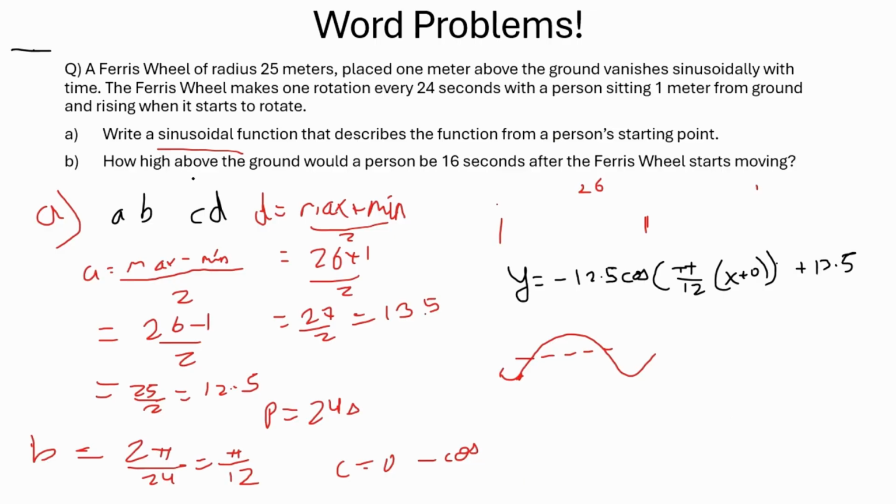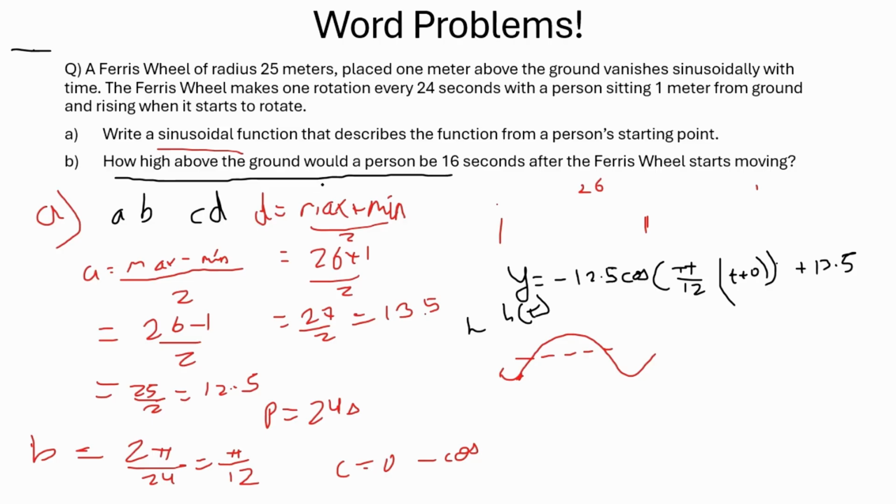Okay, and now the next question. Also, since we're talking about seconds, this x is time, and your y is, like I said, h of t, or just height. So keep that in mind. Use your variables based on your question.